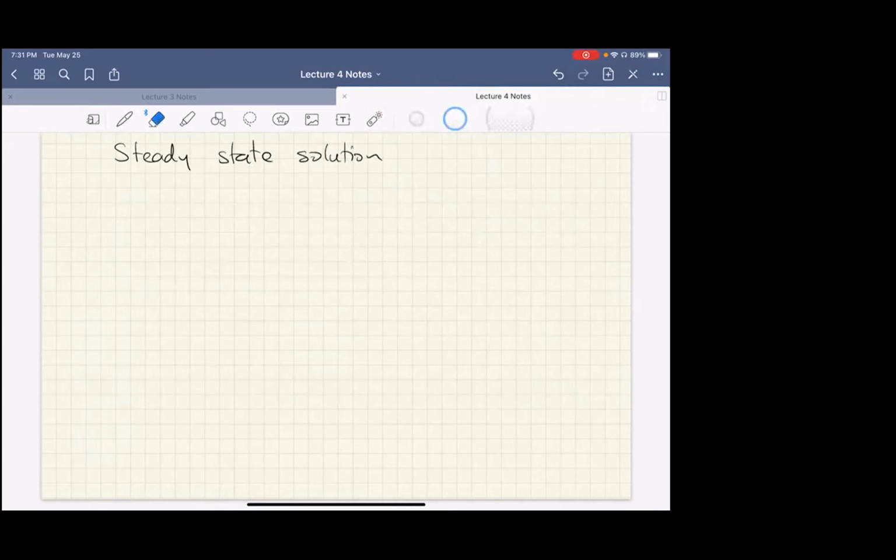So I have this differential equation, d by dt of these concentrations equals R. Actually, let me make this a little more general.